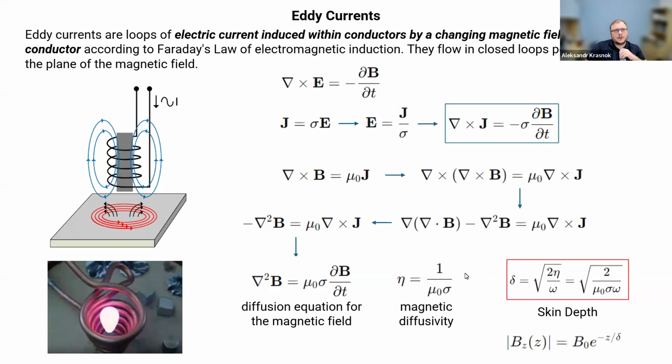This is, by the way, the reason why we use metals in radio waves and microwaves, for example, for antennas, right? Metals are not that good. They have finite conductivity and they dissipate energy quite efficiently. However, in microwaves, radio waves, the frequency is so high that it makes this skin depth very, very small.